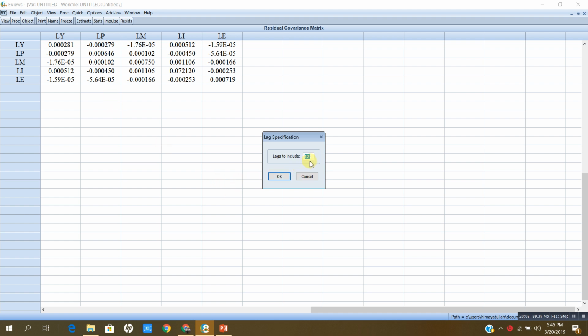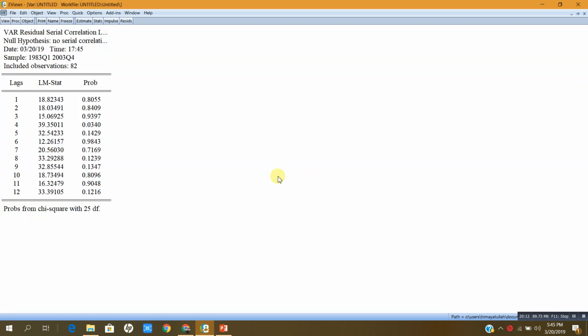So you see, sorry, I use 12 lags. So here I see that the null hypothesis is that there is no serial correlation among the residuals. So if I take 1 lag, the null hypothesis of no serial correlation cannot be rejected. Similarly, if I take 2 lags, the no serial correlation cannot be rejected.